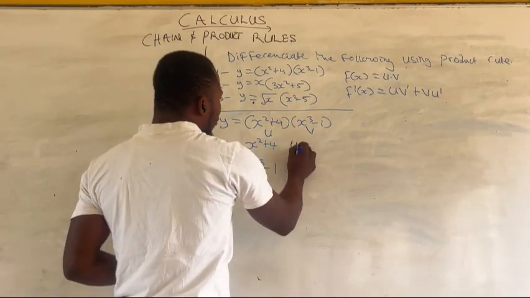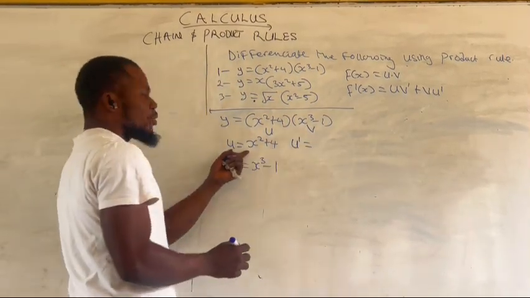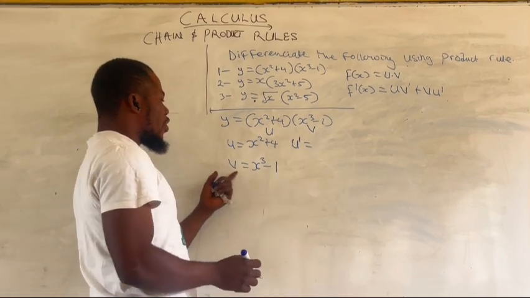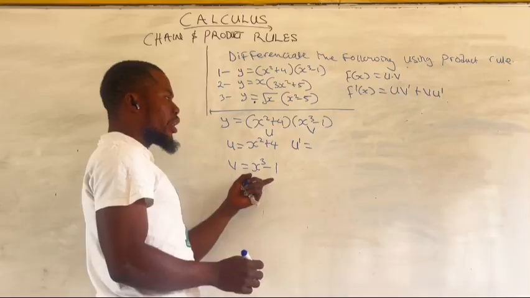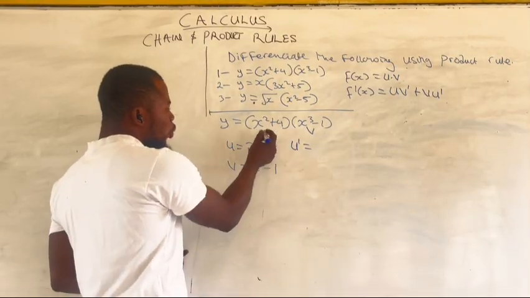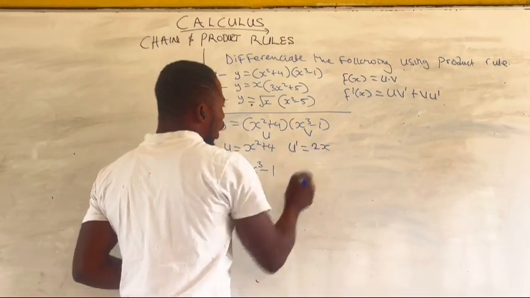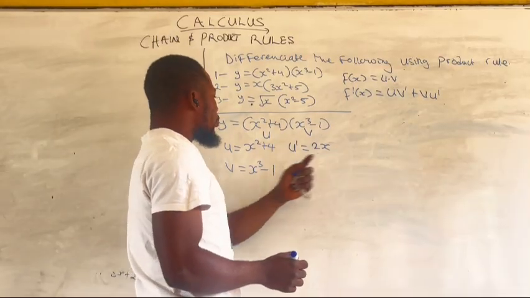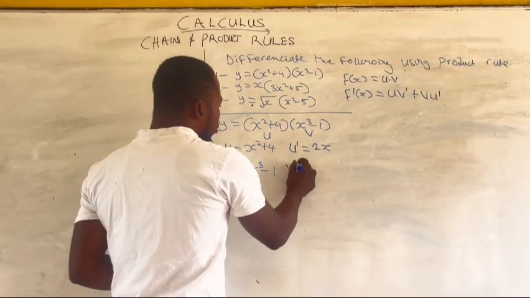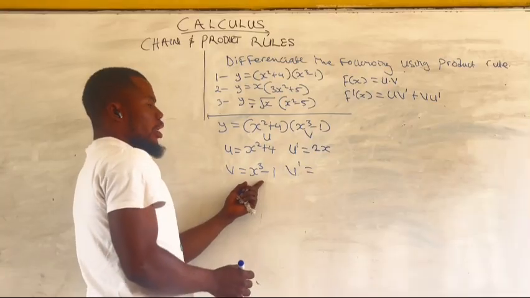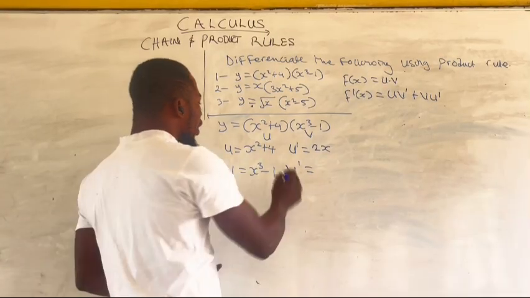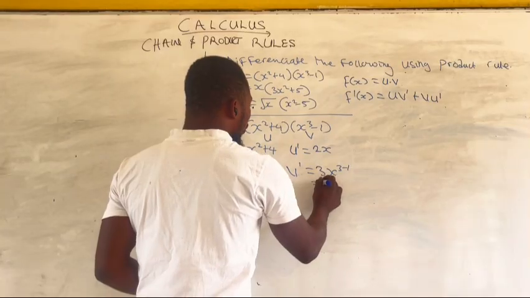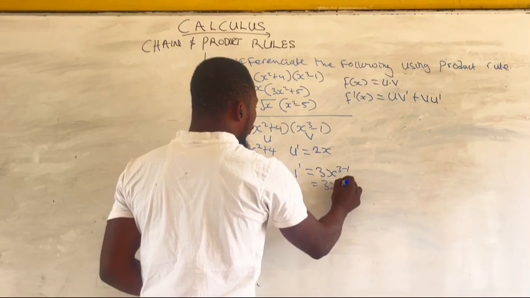Our u prime is the same as du dx and our v prime is the same as dv dx. Differentiating x squared gives 2x. If you differentiate any constant number, it gives 0. For v prime, we differentiate x raised to the power of 3, and you'll have 3x raised to 3 minus 1, which gives us 3x raised to the power of 2.